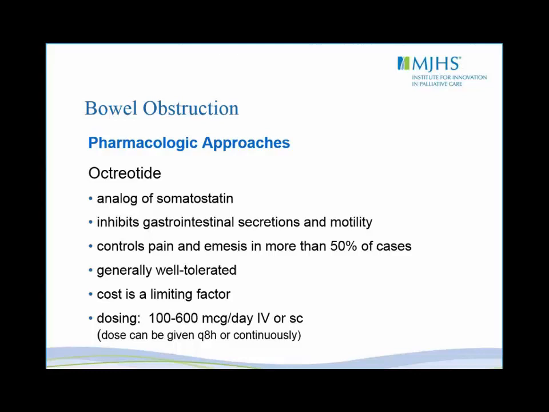Therefore, it will be worth a trial to see if it will help. You will have less vomiting because the secretion will be decreased. You will have less cramps because the motility will be decreased. So therefore, you will have symptom control. Control of pain, therefore, will be indirectly taken care of.